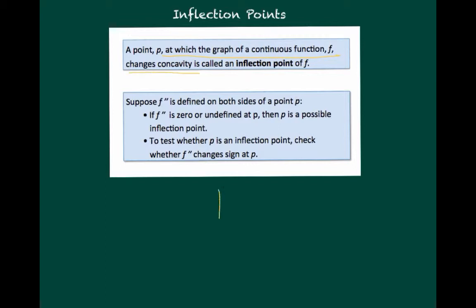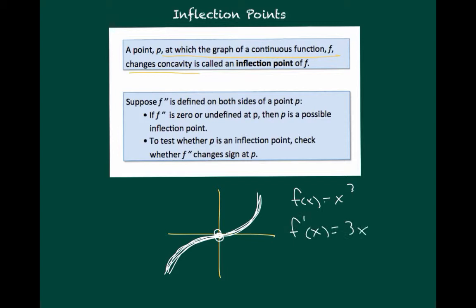We've seen this before. Let's take a look at the very familiar curve y equals x cubed. We know that right there at the origin, I am changing from concave down when x is negative to concave up. Now, if we were to look at the derivatives, we had f of x equals x cubed, f prime of x equals 3x squared, and f double prime of x equals 6x.